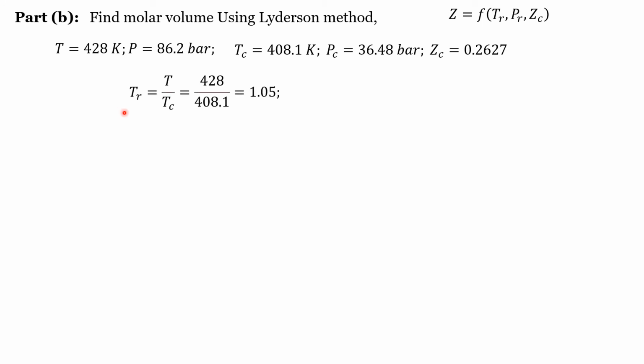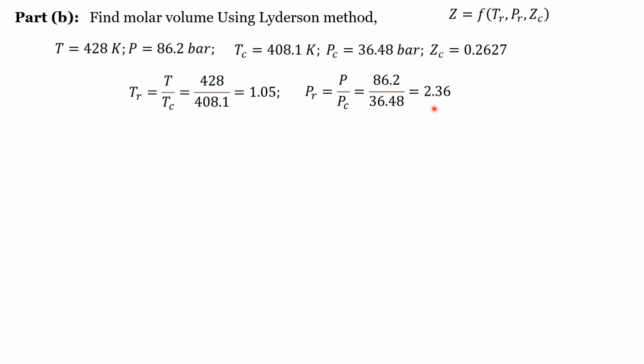So we will find out the reduced parameters. We can write TR equal to T by TC. Value of T is given, value of TC is given. So TR will become equal to 1.05. In the same way, we can write PR equal to P by PC.